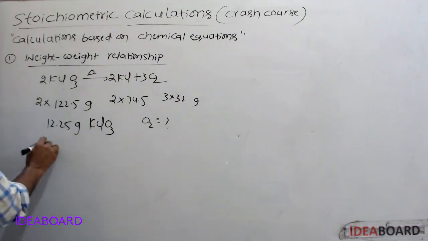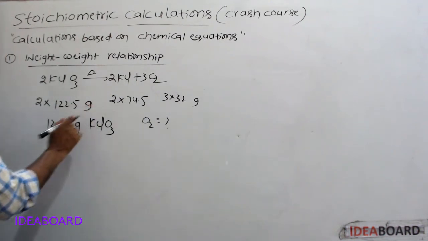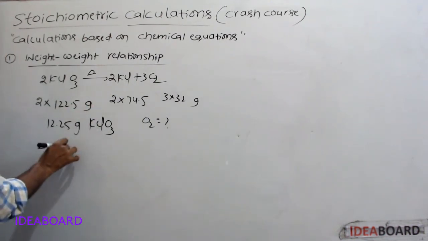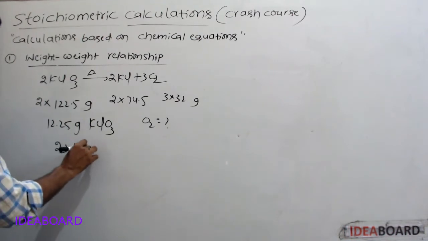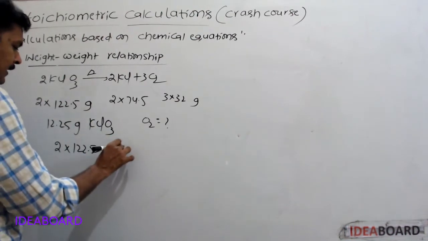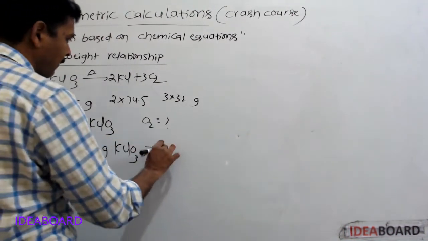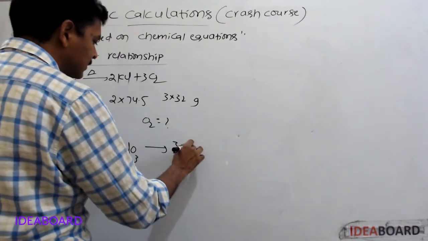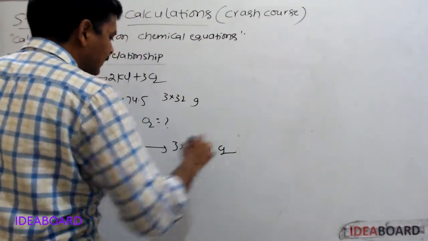from this equation, 2 into 122.5 grams KClO3 gives 3 into 32 grams oxygen.